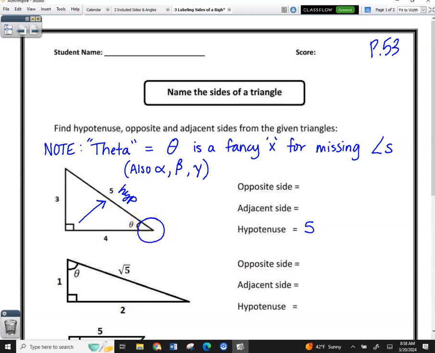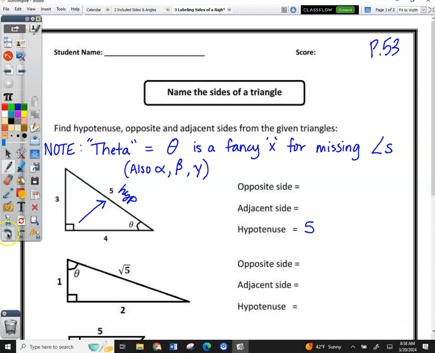That's one technique. Some people draw basically an asterisk, a star. Something to say, okay, I'm focused from over here. I want you to picture yourself standing right here in this corner where theta is. What would be the side opposite and what would be adjacent?